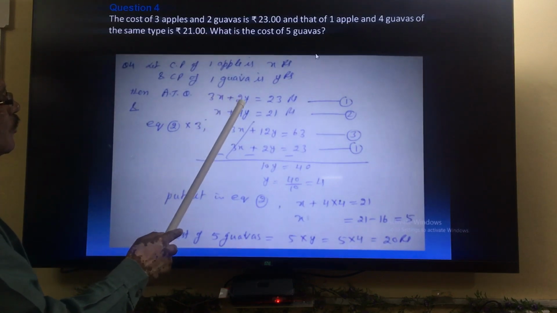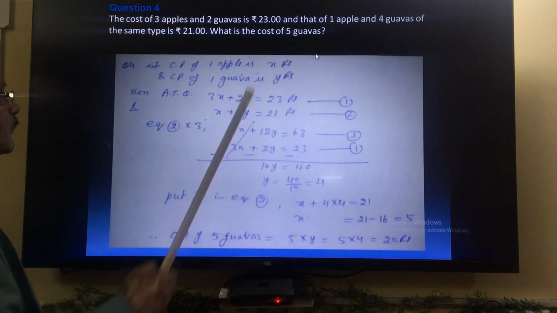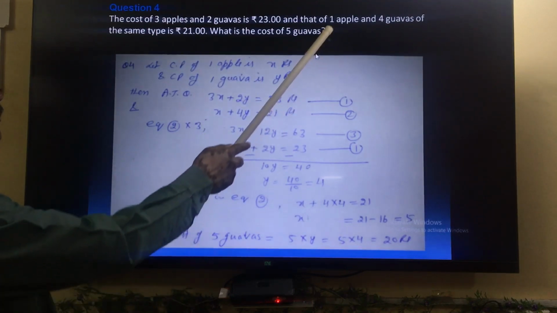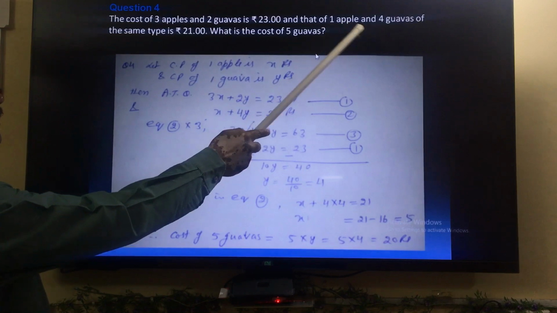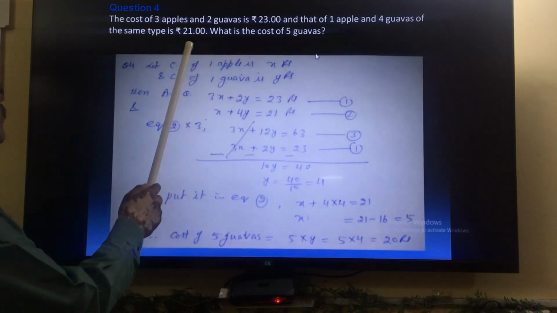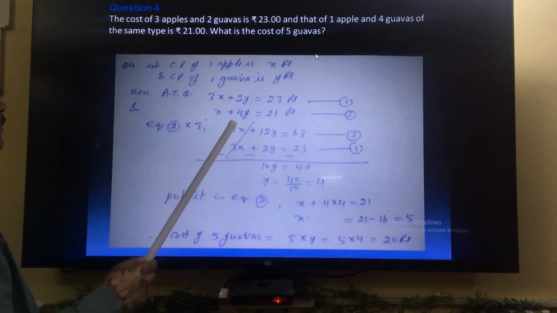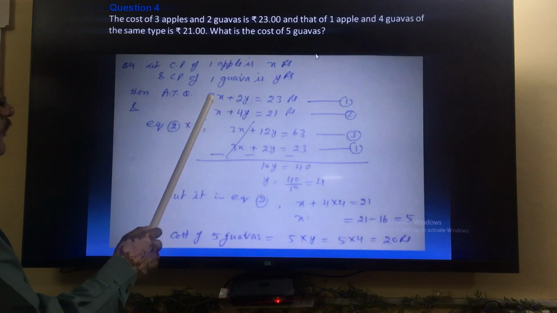So 3x plus 2y, the total cost is 23 rupees. Now the second equation we will frame from this: 1 apple, so 1x, and 4 guavas, so 4y. So 1x plus 4y, the total is equal to 21 rupees.